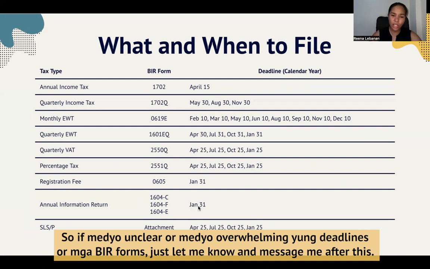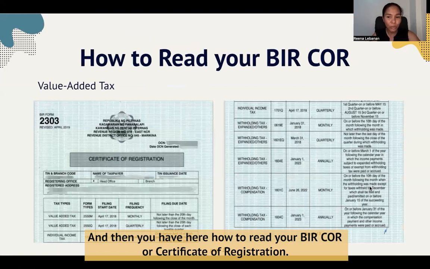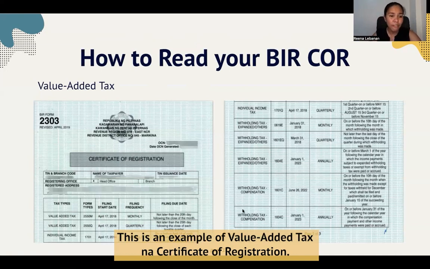If the deadlines or BIR forms are unclear or overwhelming, just let me know and message me after this. And then you have here how to read your BIR COR or Certificate of Registration. This is an example of a value-added tax Certificate of Registration.